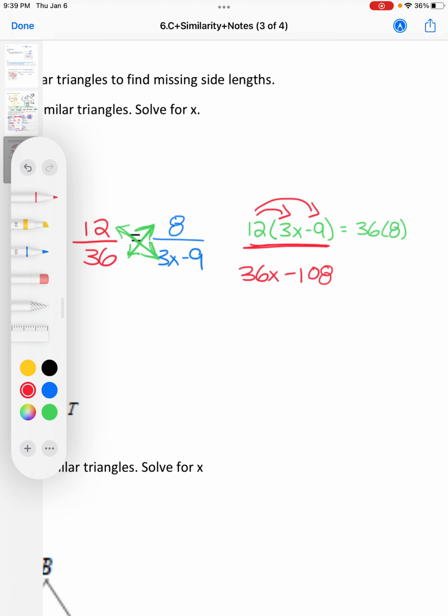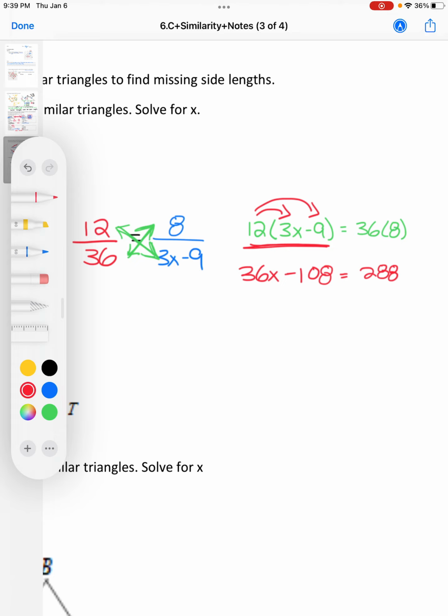There we go. Okay, so we get 108 equals, and then we got to do the other side. So we have to do 36 times 8, and we get 288. So now, still to solve for x, we need to get the x alone.